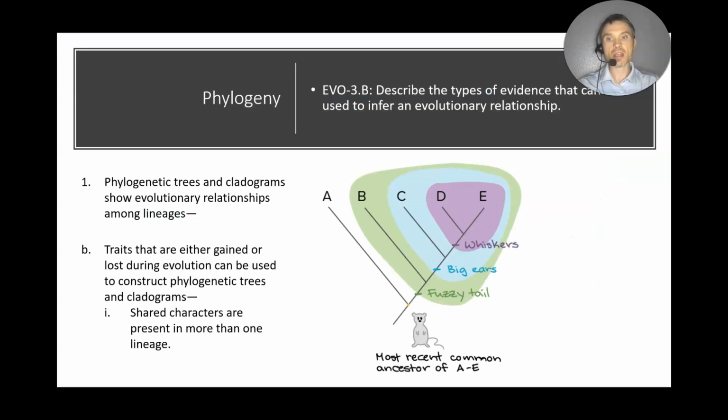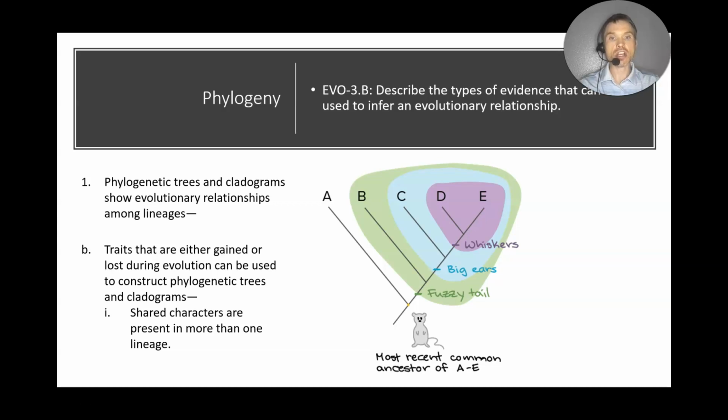So the traits that are either gained or lost during evolution can be used to construct the phylogenetic trees in cladograms.